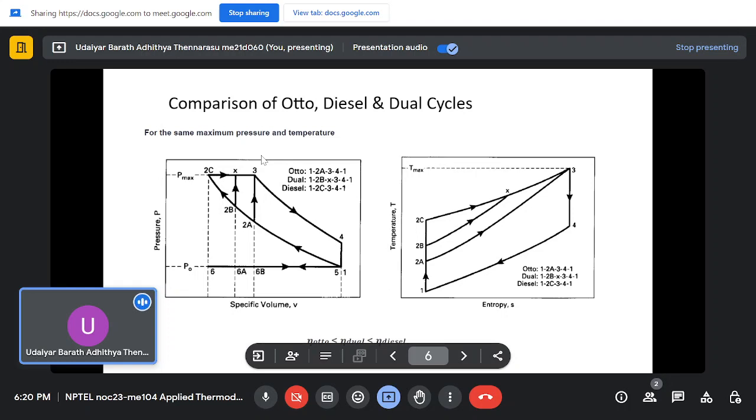For that we define the octane number and cetane number. Cetane number defines the ignition delay. A higher cetane number is good for the diesel cycle, and for spark ignition, a fuel having a higher octane number is good. If you have more octane number, your knocking will be less.